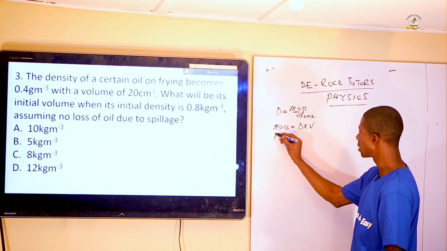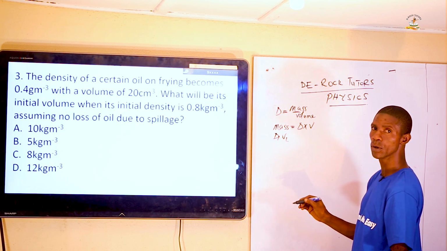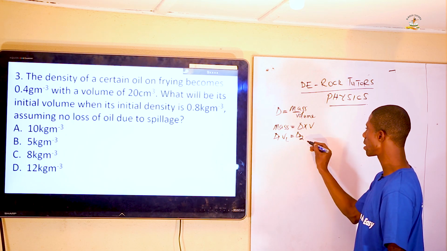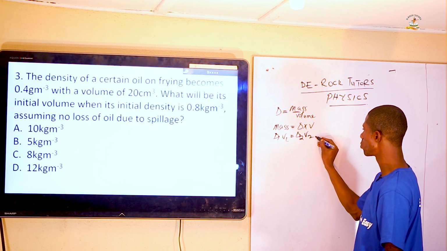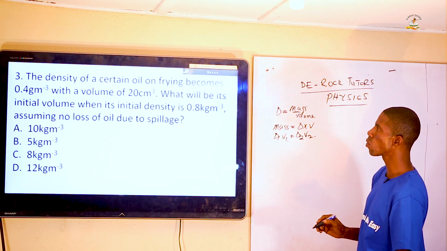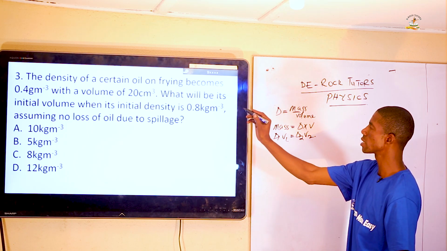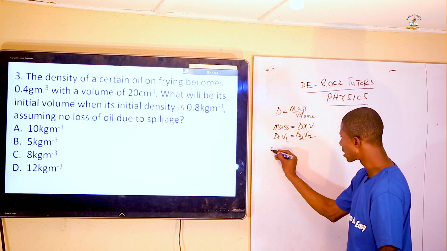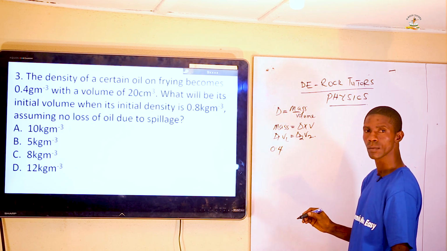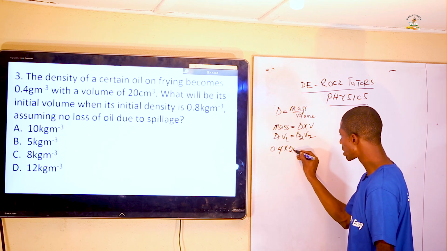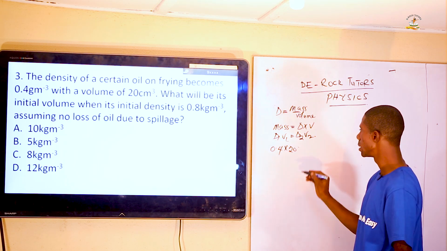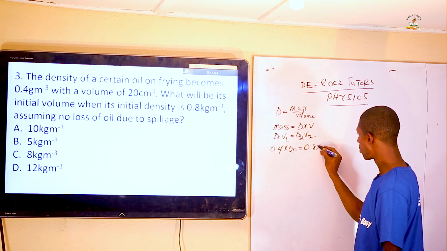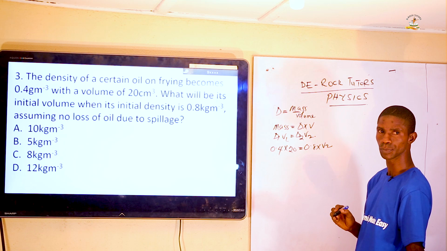So as we have D1, V1, initial density, initial volume, we have D2, final density, and V2, the final volume. In the question, we're given the density of a certain oil on frying becomes 0.4 with a volume of 20. So we have 0.4 multiplied by 20 as our final. Then in the initial, we have 0.8 multiplied by the volume.